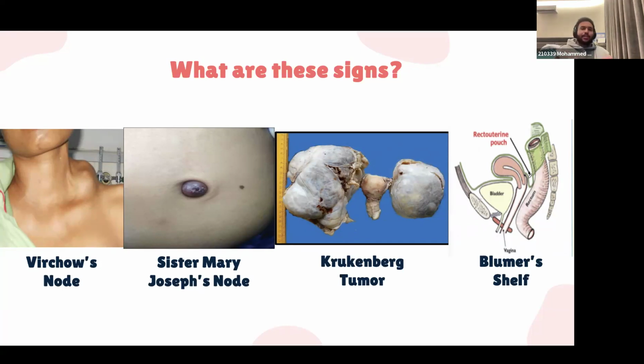The other sign is if they have, if you remember, seborrheic keratosis all over the body. This is what we call Leser-Trélat sign. This is also another sign of gastric adenocarcinoma. Okay, the seborrheic keratosis, the black velvety shaped lesion, if it's widespread across the entire body, this is what we call Leser-Trélat sign. It's a sign of gastric adenocarcinoma.